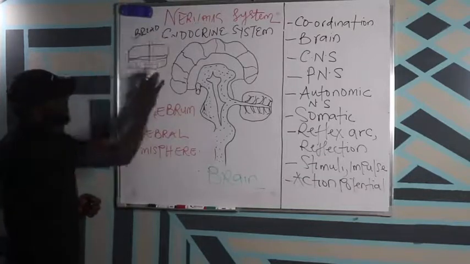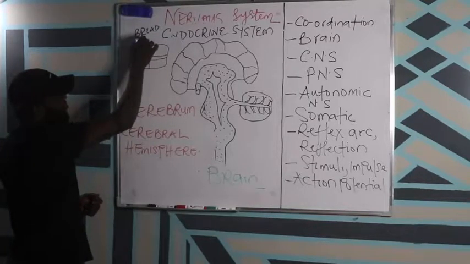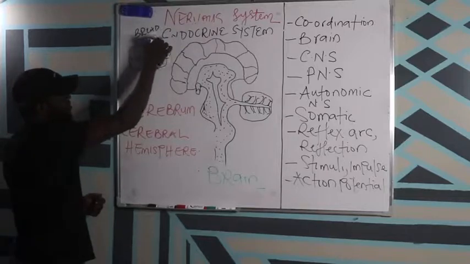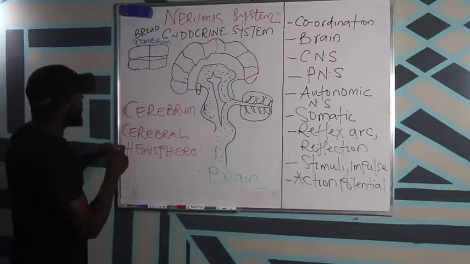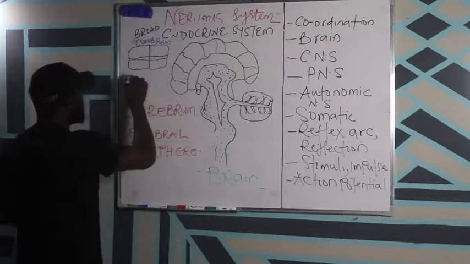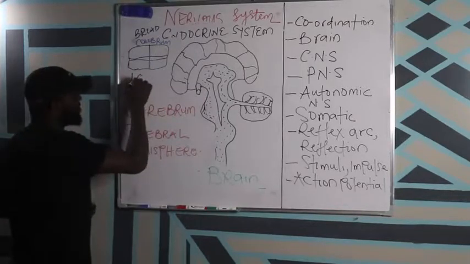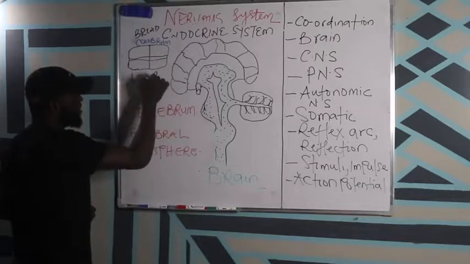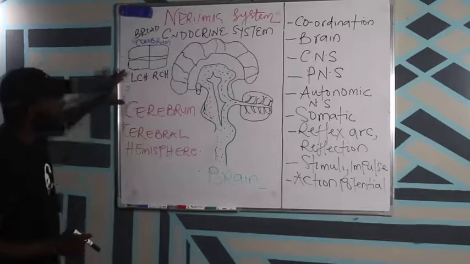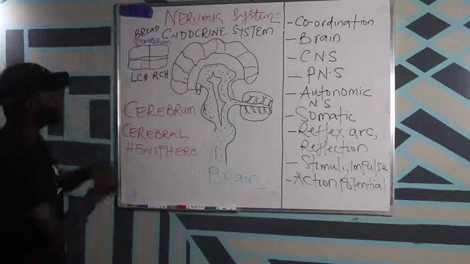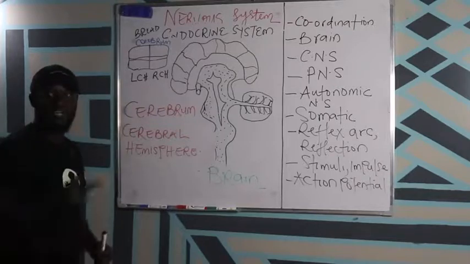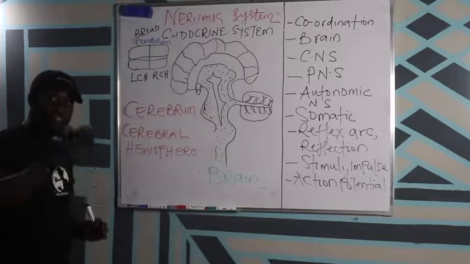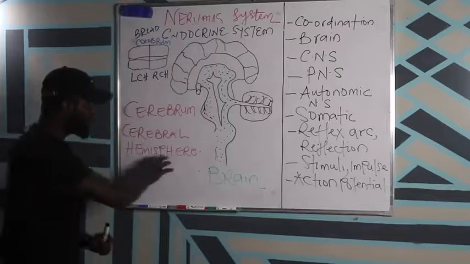Let's call this our cerebrum. This is my left cerebral hemisphere, and this is my right cerebral hemisphere. So the cerebrum is divided into the left and right cerebral hemispheres. So those are the two halves.